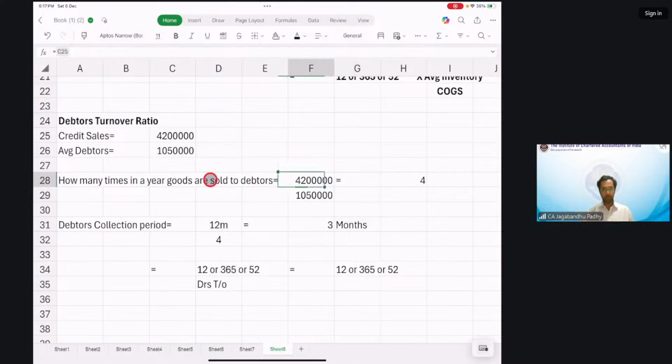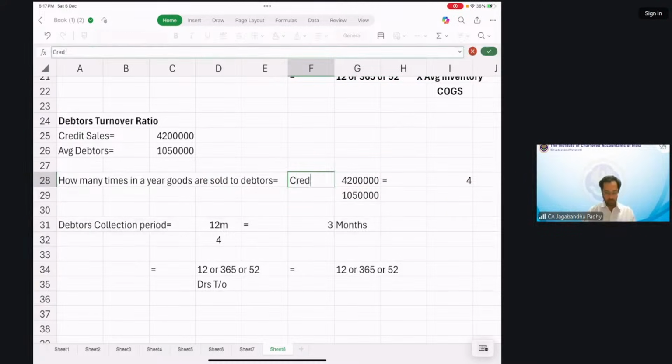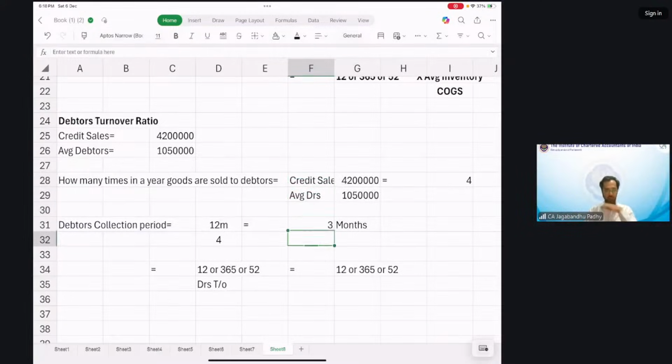By formula, we can essentially say this as credit sales upon average debtors. So debtors collection period is going to be 12 or 365 or 52 divided by debtors turnover.